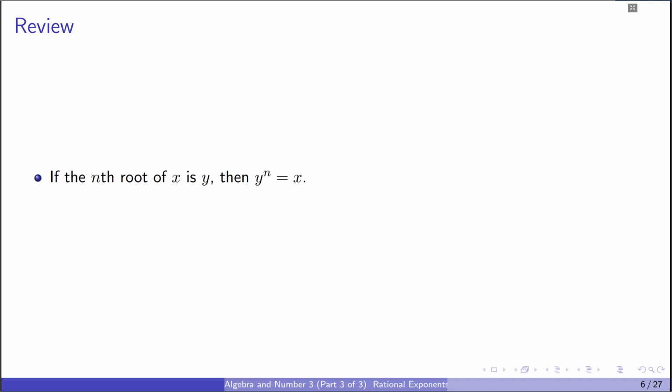So if the nth root of x is y, then that means y exponent n equals x. So if y squared is x, then y is the square root of x. If y cubed is x, then the cube root of x is y.